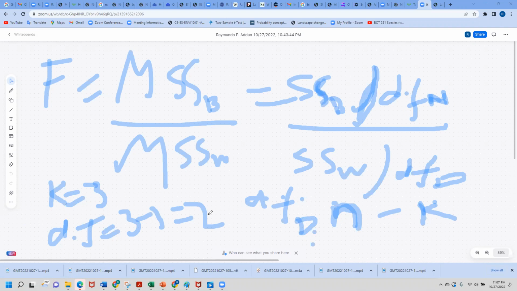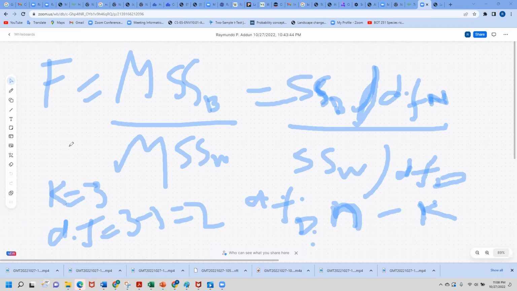And then of course, after getting the F statistic, there are pre-prepared tables giving the probability distribution of F, right?